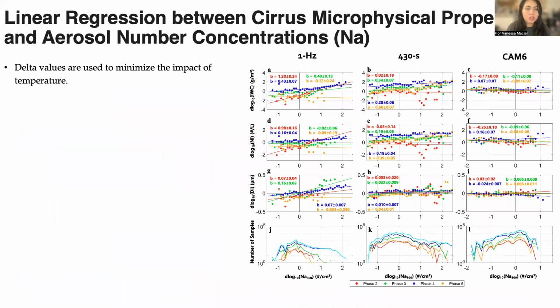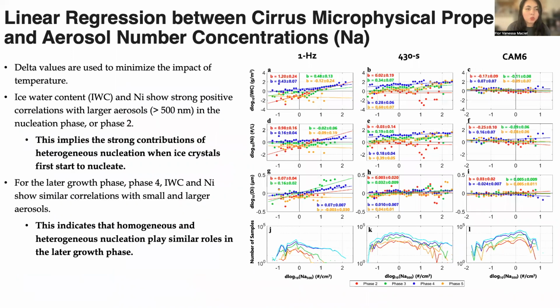So some results. Here we show the linear regression between cirrus microphysical properties and aerosol number concentrations. We utilize delta values in order to minimize the impact of temperature and ice water content, or IWC, and then show positive correlations with larger aerosols, so greater than 500 nanometers, in the nucleation phase, or phase 2, and this implies the strong contributions of heterogeneous nucleation when ice crystals first start to nucleate.